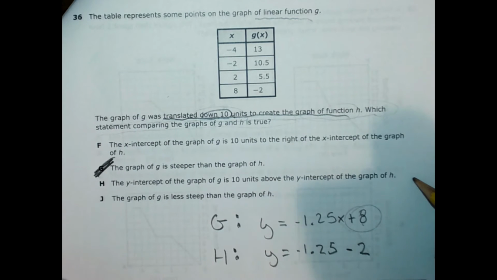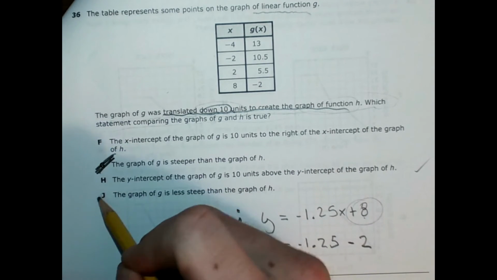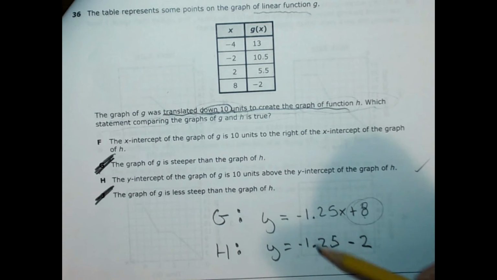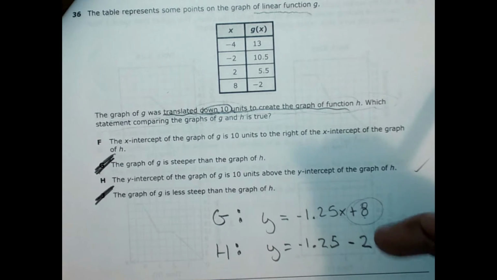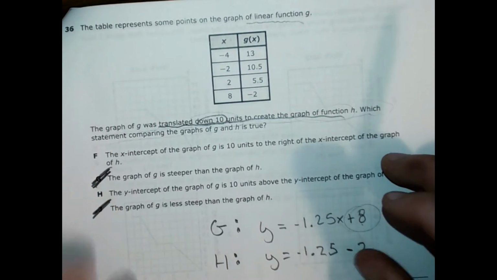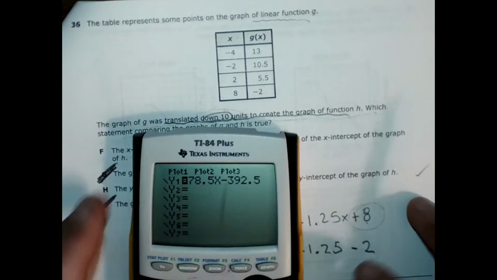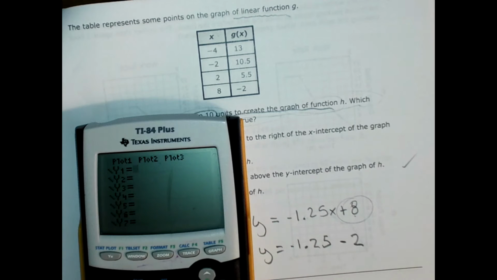Almost certainly true. The graph of g is less steep than the graph of h. Definitely not true. The slope has not changed if all we did was translate down 10 units. Let's go to y equals, and just to be sure we can make a distinction between g and h. Let's put in both of our equations.